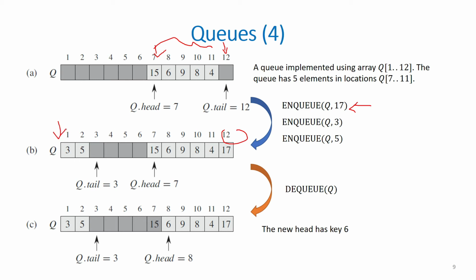The next ENQUEUE operation puts 3 at location 1 and increases q.tail to 2. The third ENQUEUE operation puts 5 in location 2 and increments q.tail to 3. When we dequeue, q.head simply increases by 1 and access to 15 is lost as it is no longer at the head of the queue.